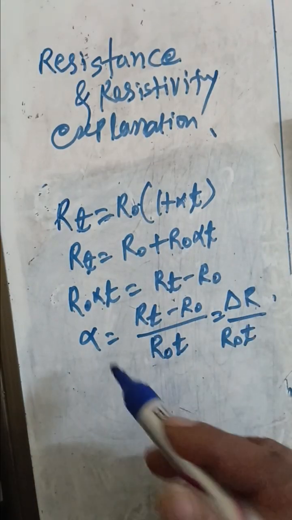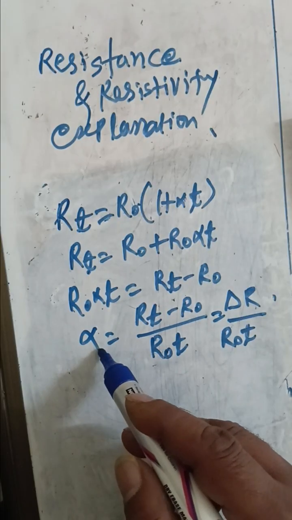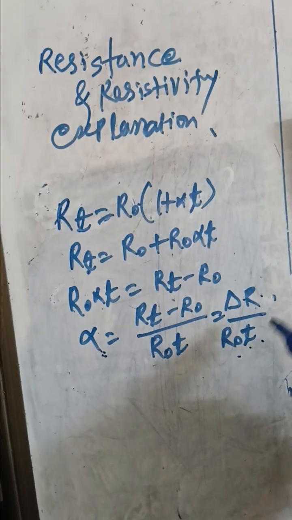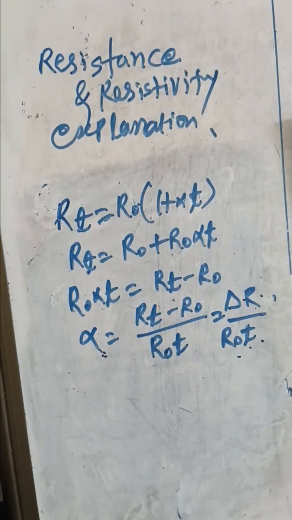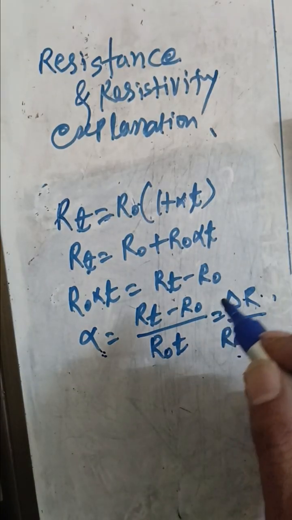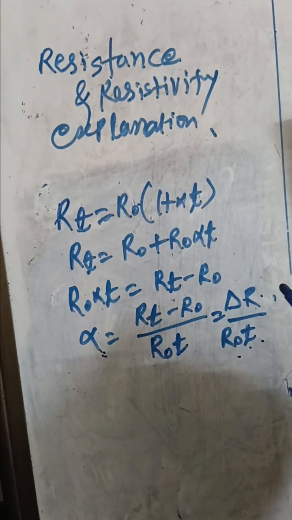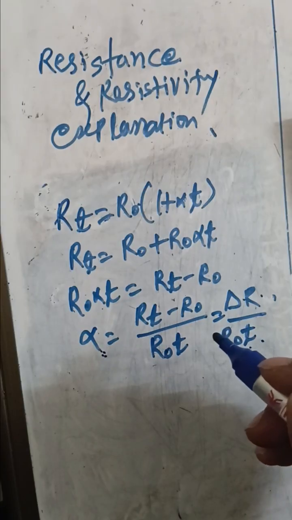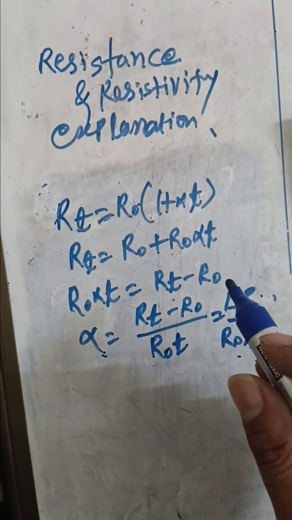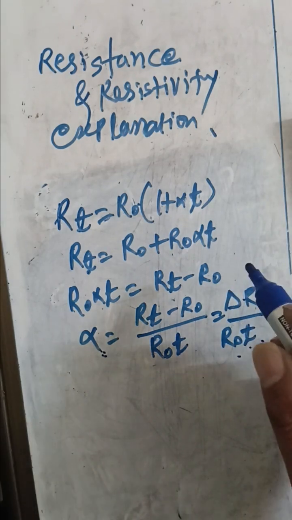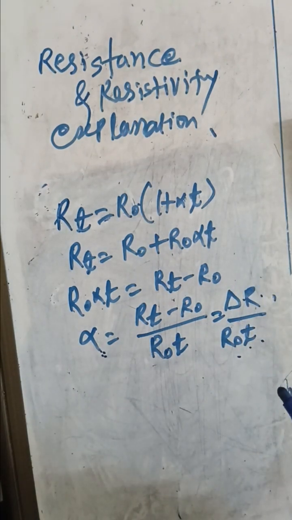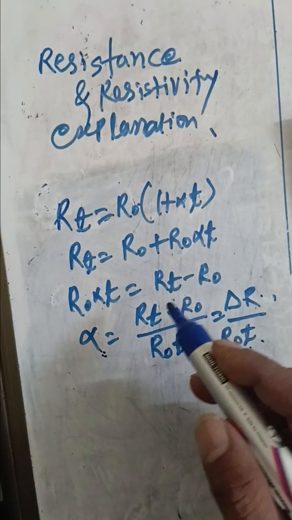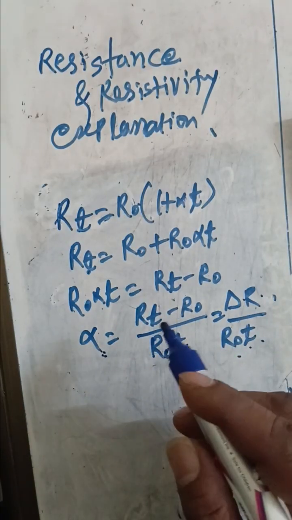Solving, alpha equals change in resistance divided by R_0 T. So the temperature coefficient of resistance is the change in resistance per ohm per degree change in temperature. It is very low for heating elements, and this property is also useful in selection of materials.